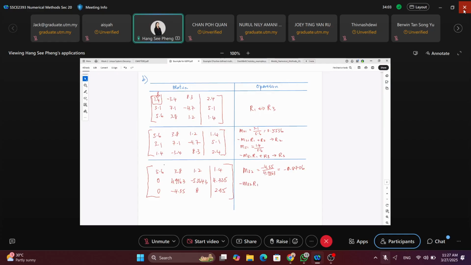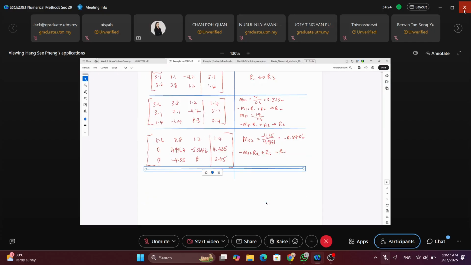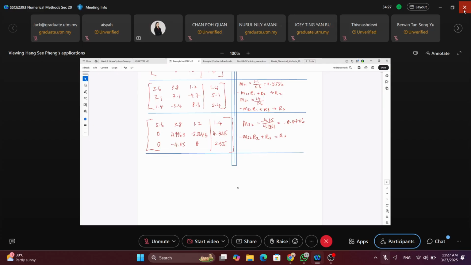So we're going to update R3 based on R1 and R2. Because the pivot element is at R2, A22. Then we will see what happened next. Row 1 and row 2 still remain the same.